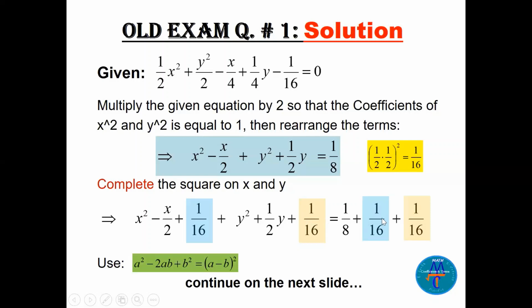The first one for the x, the second one for the y. Now remember, a squared minus 2ab plus b squared is equal to (a minus b) squared. This is what we call a perfect square. So you take the square root of the first one, the square root of the last one, and the sign in the middle. So this will be 1 over 4, remember? So let's continue on the next slide.